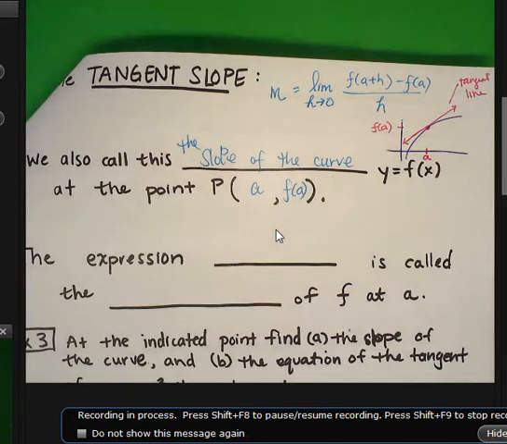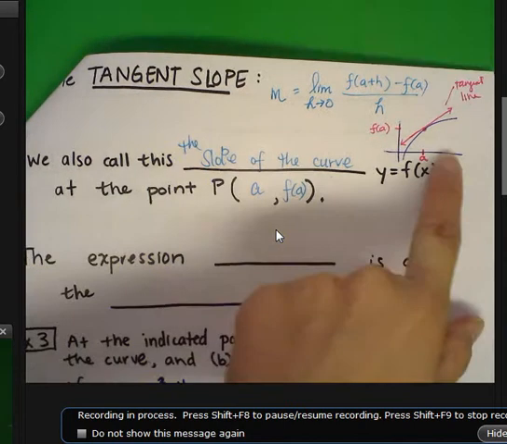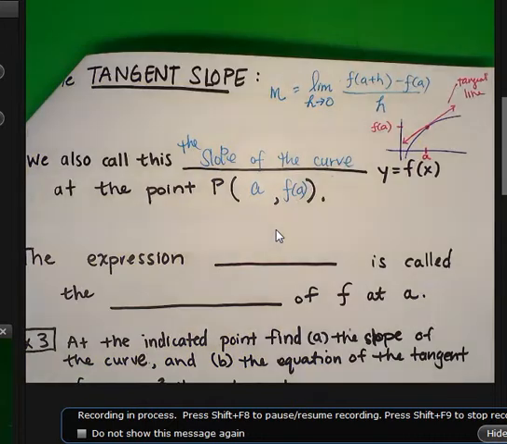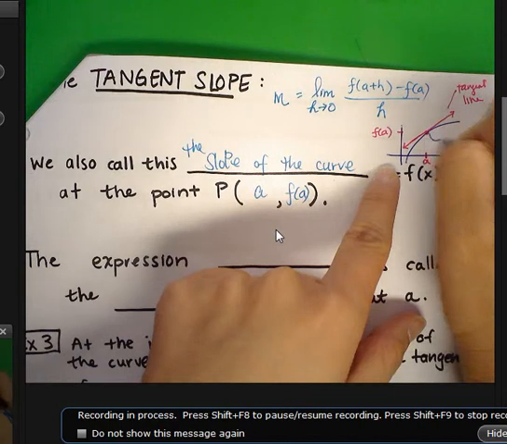So the slope of the curve, because when you're in algebra 1, you could only find slopes of lines. But now we're going to talk about the slope of a curve. And the slope of the curve is just the slope of this line that skims it at one point. So right here, the m of this line is the slope of the curve.